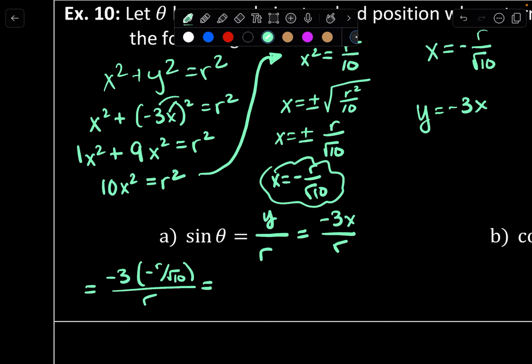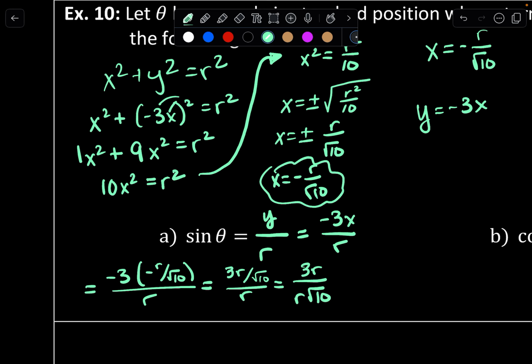So I technically have 3r divided by root 10 over r. And if I want to rewrite this without having that fraction in the numerator, I can rewrite it as 3r over, actually let me write the r first, r root 10.